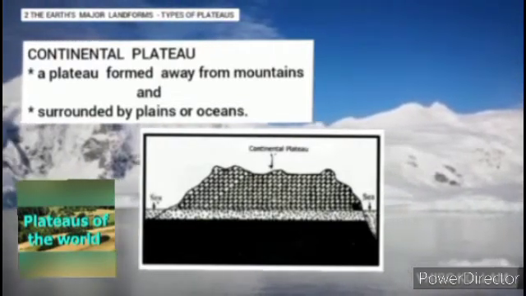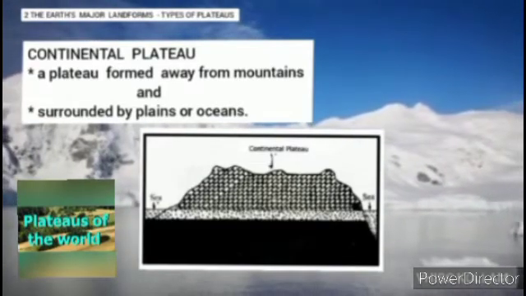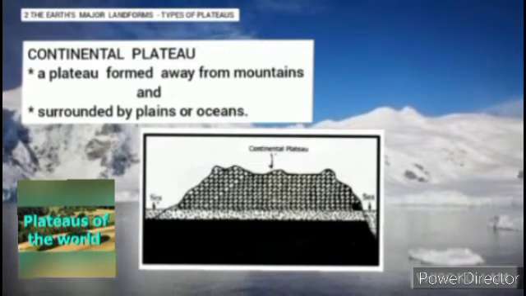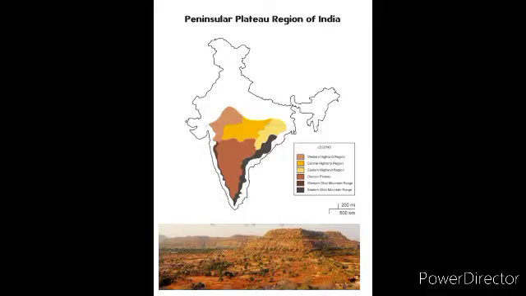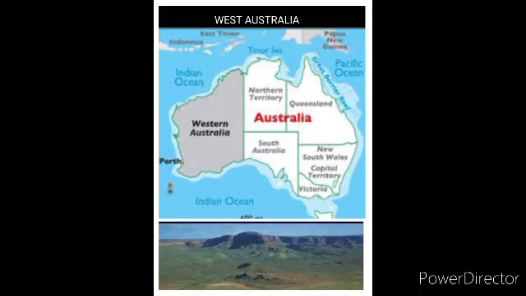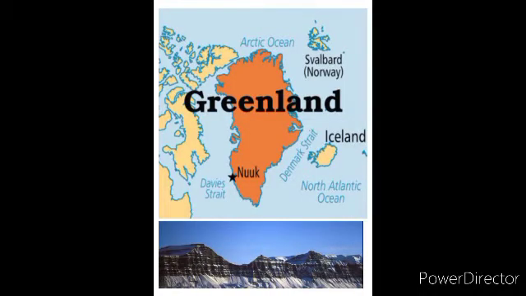Continental plateaus are also called tectonic plateaus. Example, the Antarctic Plateau in East Antarctica. The plateau region of peninsular India, West Australia, and Greenland are other examples of continental plateaus.